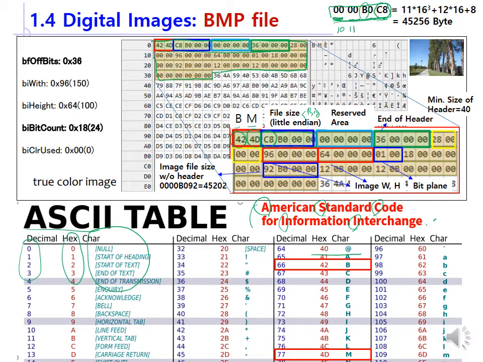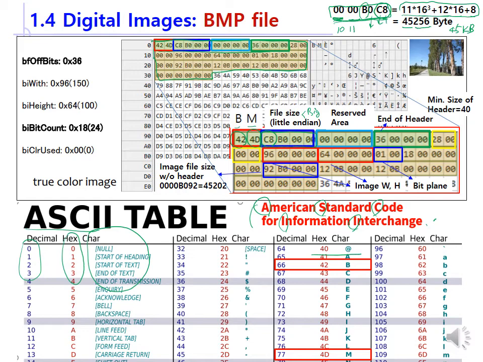So 11 times the third power of 16, plus this is 0, and the C is 12 times 16, and there is 8. So when you calculate this number, it is 45,256 bytes. So it is about 45 kilobytes.